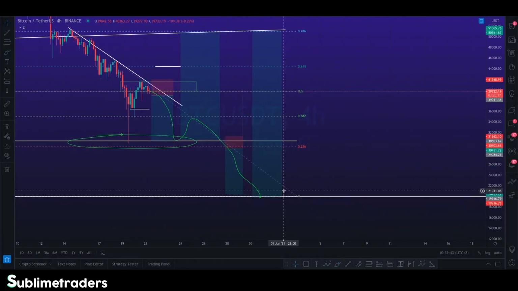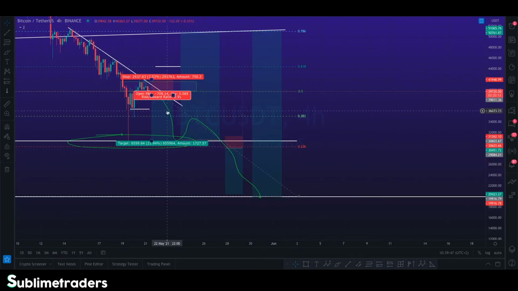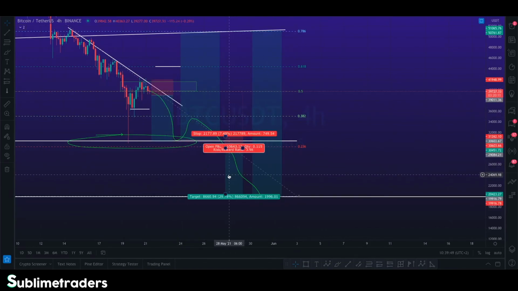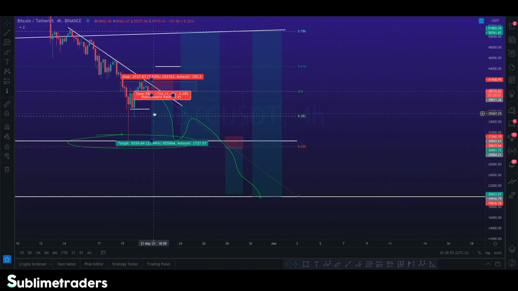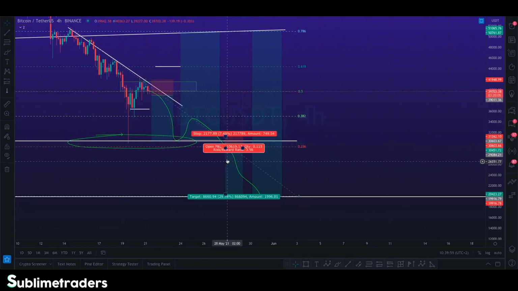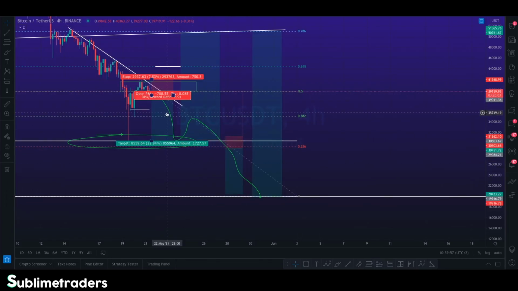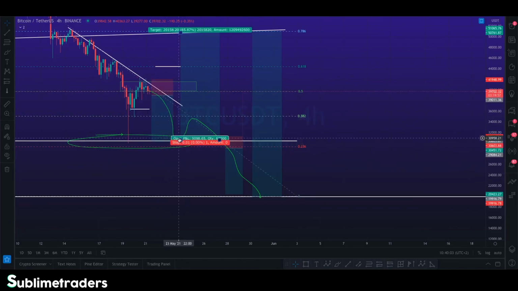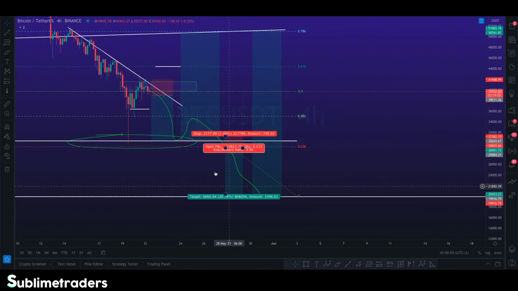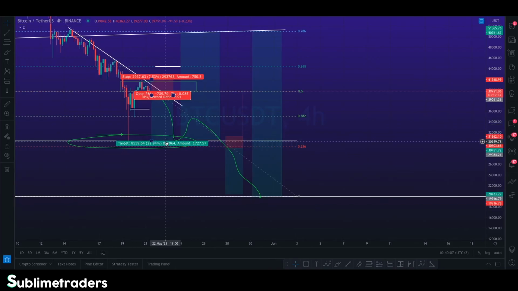So basically two spot entries for long term and two shorts on short term possibilities. So basically I split a single short into two, because if we break down here, we don't have the certainty that the price will continue down. The possibility is there, but we don't have the certainty.